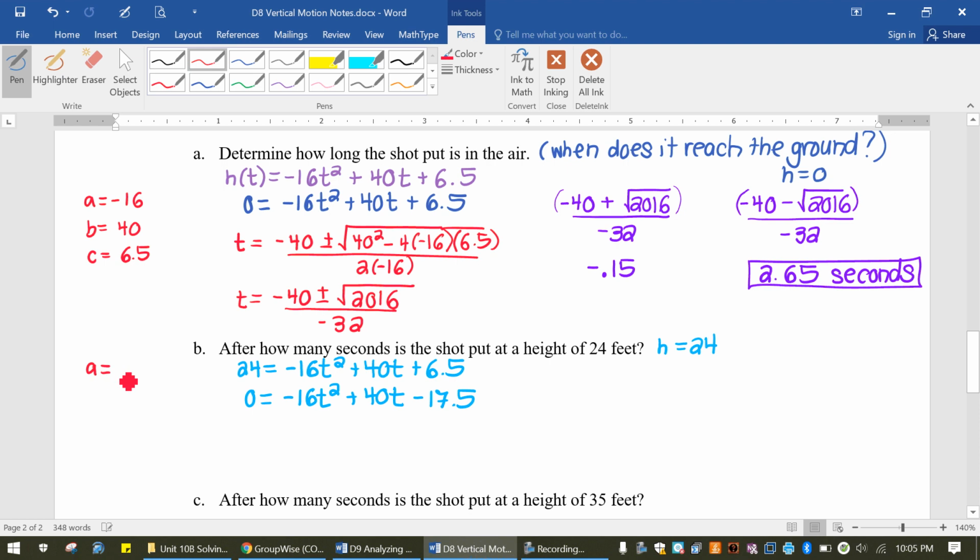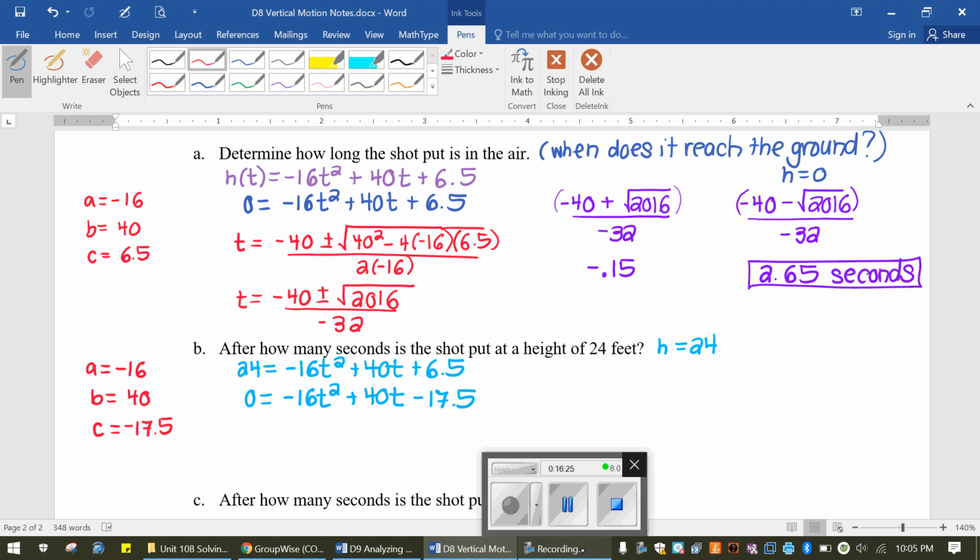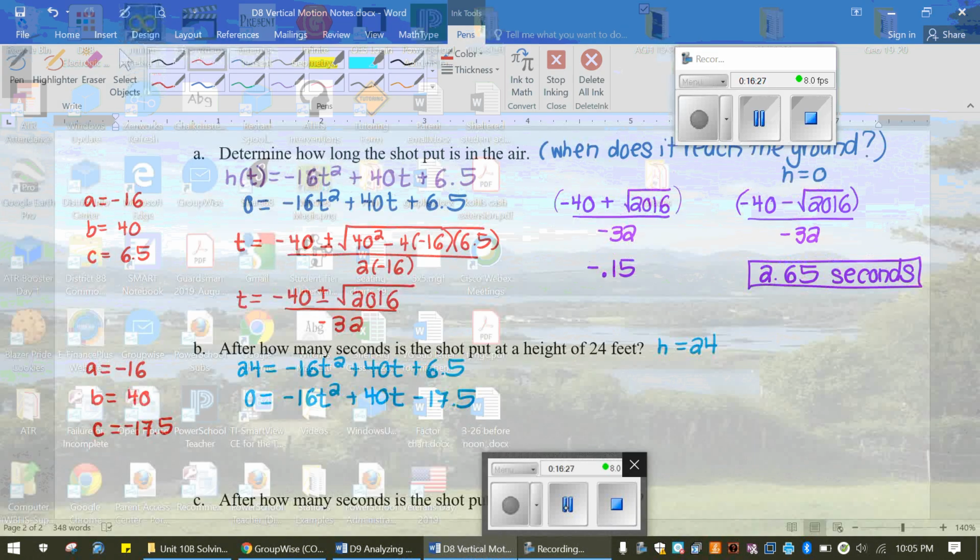So my a is negative 16, my b is 40, and my c is negative 17.5. Okay, so what I'd like you to do right now is pause the video and solve for t, and you're going to similarly get two answers, and then we're going to figure out which one is the correct answer. Okay, so go ahead and pause the video and then unpause when you're done.